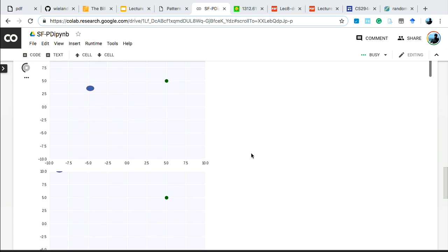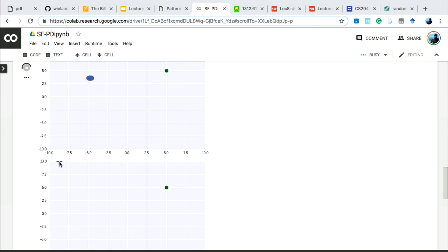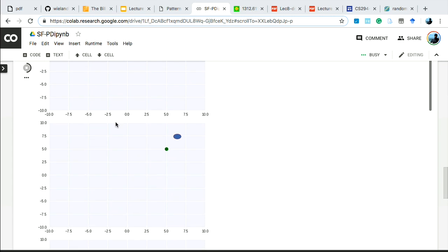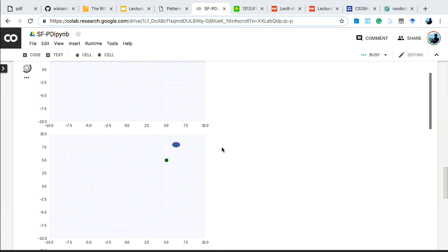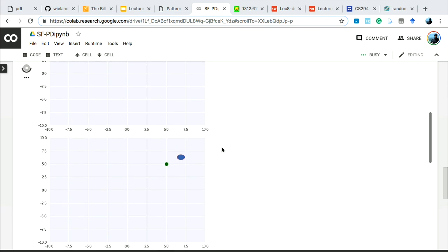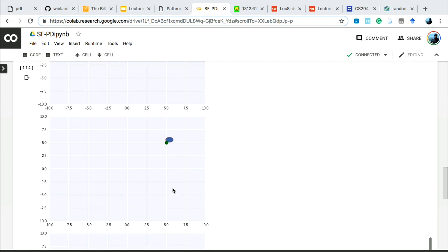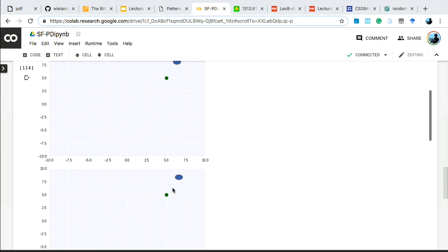For instance, here the mean is being pushed really far away. You can see how unreliable the gradient estimates are. It does get to the target location at some point, but it's pretty unstable.